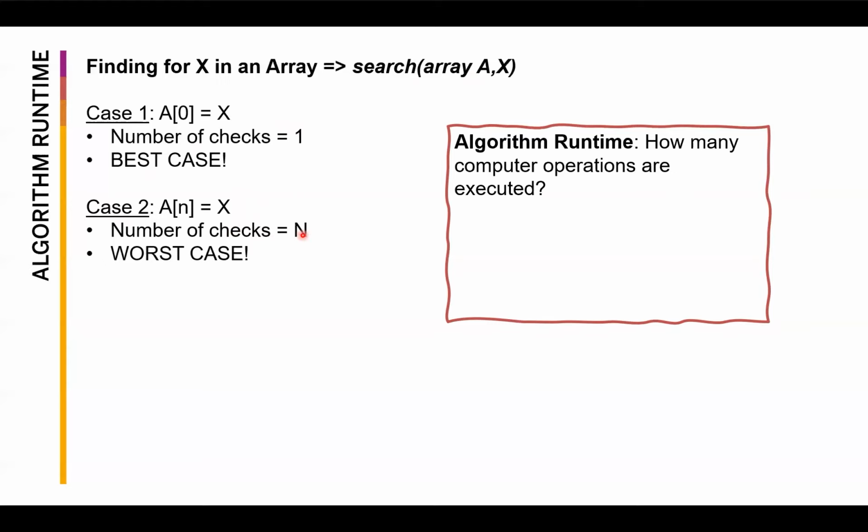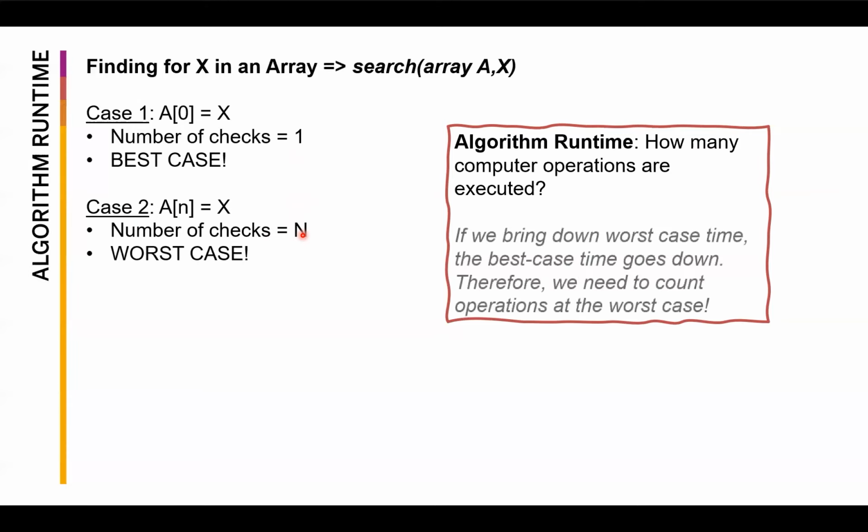Now, in terms of improving the runtime, if we improve the worst case time, so instead of going through n, let's say we reduce it somehow, then we can also reduce the best case time. So from the perspective of improving an algorithm, we can simply look at the worst case scenario and improve that, or count the operations at the worst case.